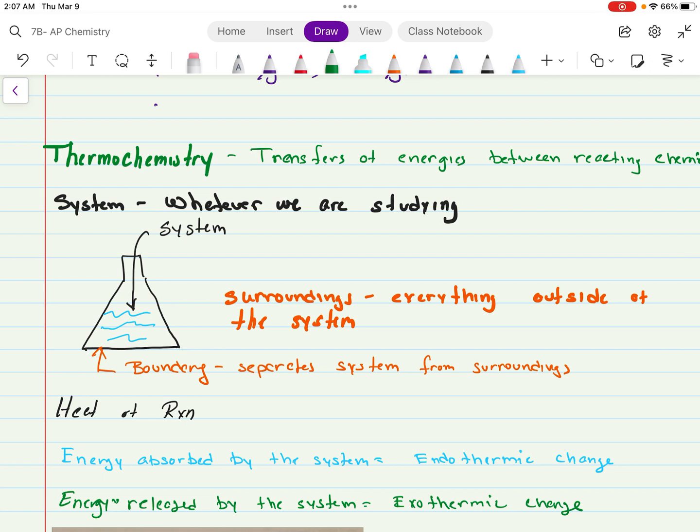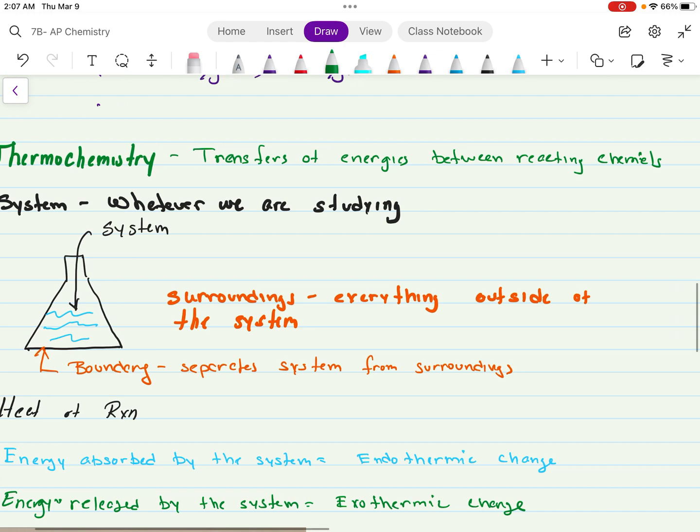In an endothermic change, we notice in the surroundings, because remember, we're measuring the surroundings, that heat, which is represented by Q, will have a positive value, because it's absorbing energy. When we have an exothermic change, the amount of heat or energy on the system is going to have a negative value.